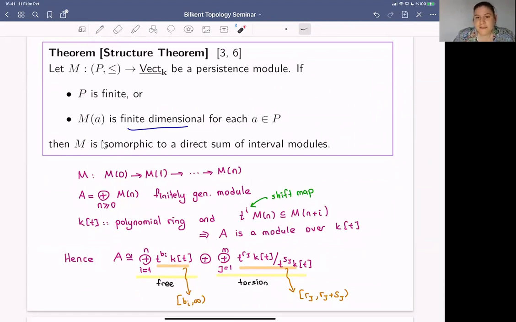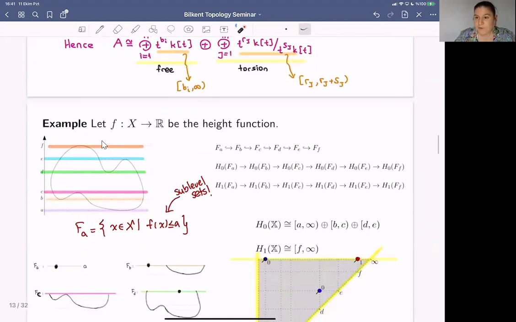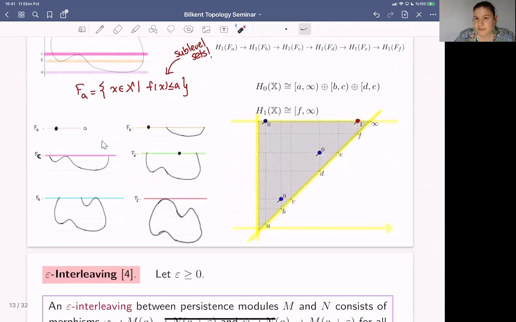That means it has a nice representation, so you can represent what is going on in a persistence diagram or a barcode. But this is the case for one-parameter persistence modules. And we have a persistence diagram for this map, which we call the diagram of F.